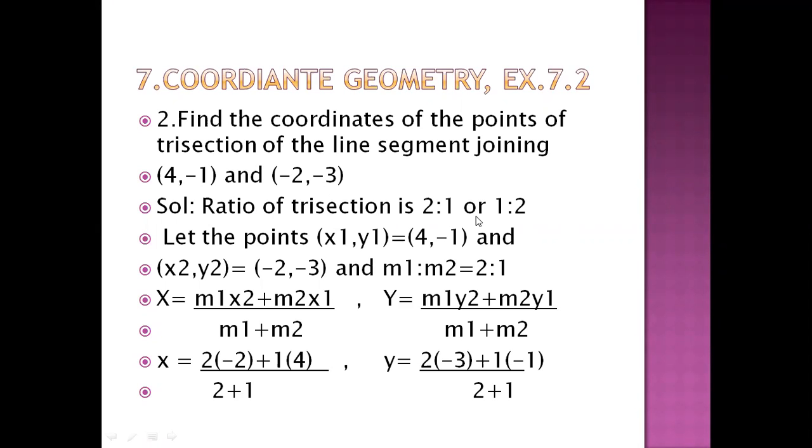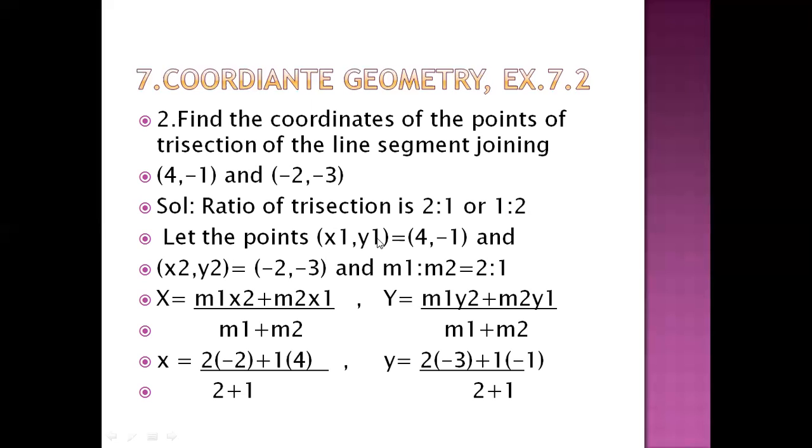So we have to divide that 3 in such a way that the ratio is 2:1 or 1:2. You have to do both the ratios, because the total parts of the 2:1 ratio is 2 plus 1, 3, and the total parts of the 1:2 ratio is 1 plus 2, 3.